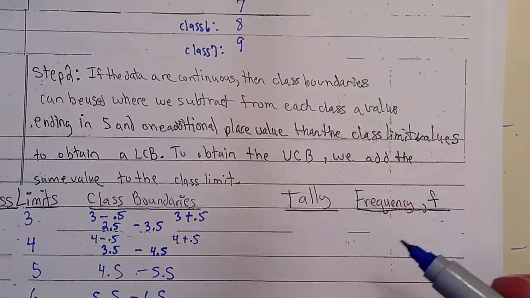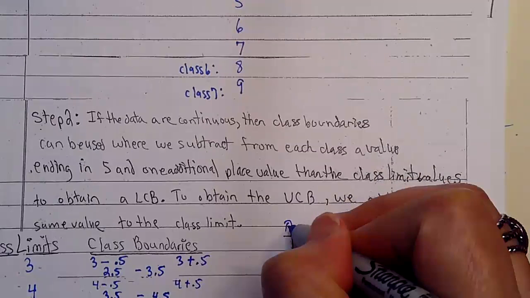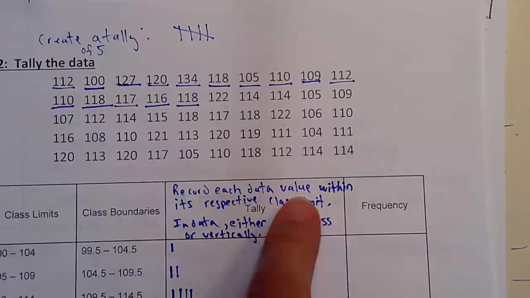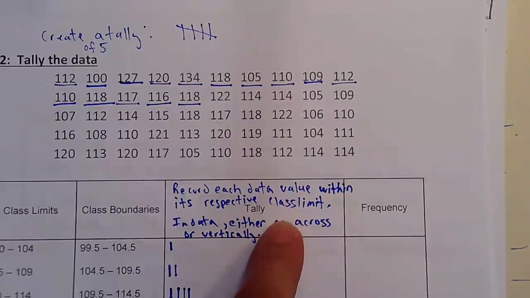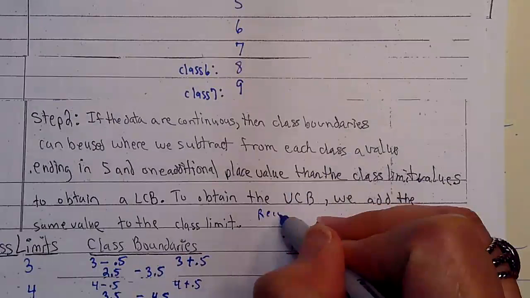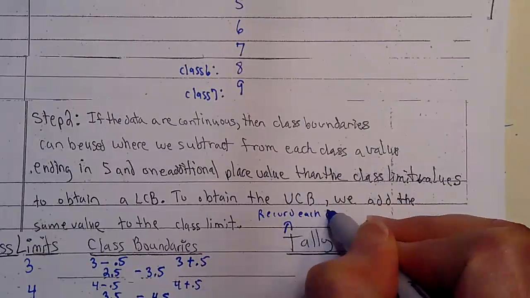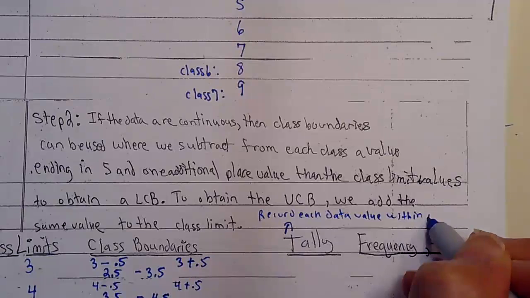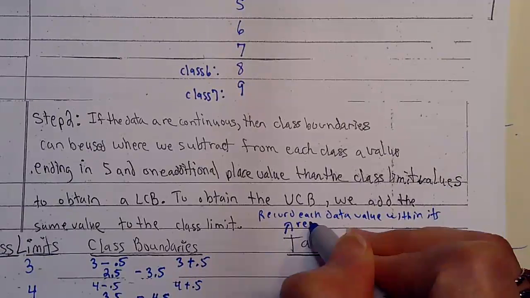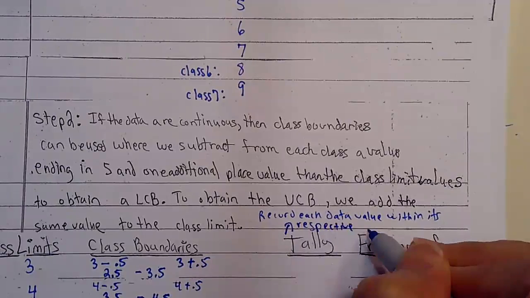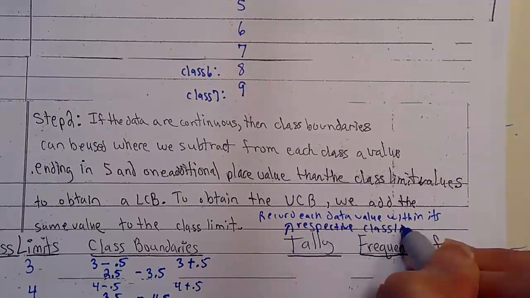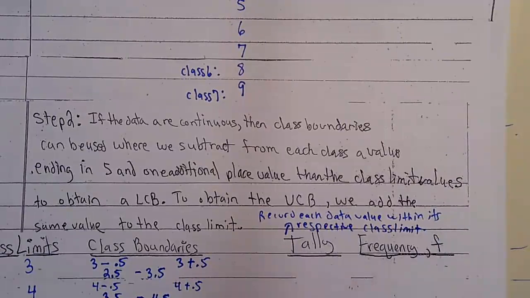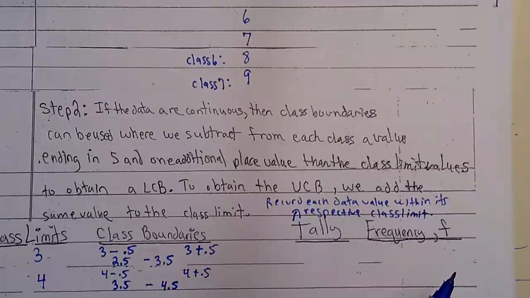Remember what we put over here for the tally: record each data value within its respective class limit. Not to confuse it with the class boundary. It's within the class limit.